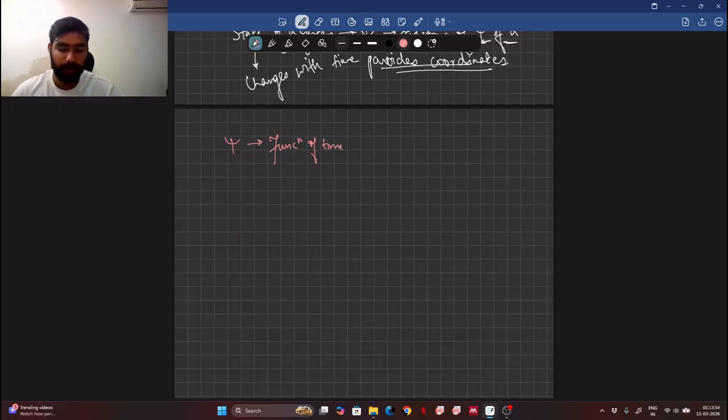So for one dimension, if we're talking about a particle existing in one dimension, psi would be a function psi x comma t. So in this state, the psi, the wave function, contains all the information about a system.